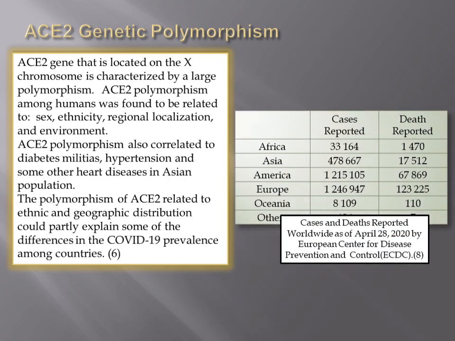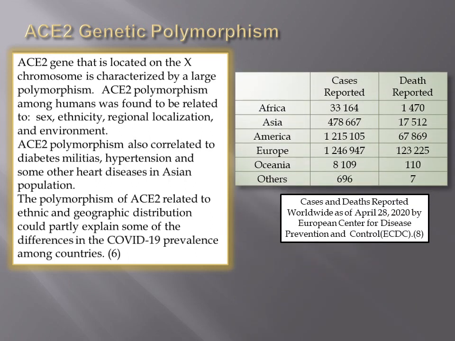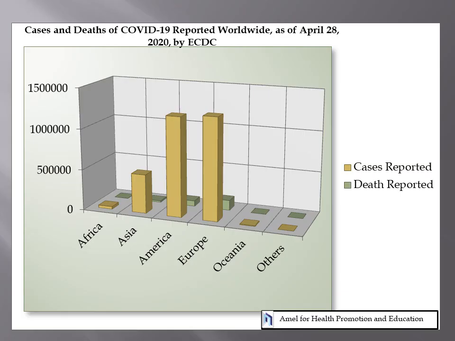So as we can see here, for example, the data released by the European Center for Disease Control on April 28, 2020, showing the differences in the cases reported and deaths reported from different continents. This chart clearly shows the significant differences among the different continents for COVID-19 reported cases. So we see Africa and Oceania, which is Australia and New Zealand, have so far a very low number of reported cases and deaths compared with America, Europe, and Asia.